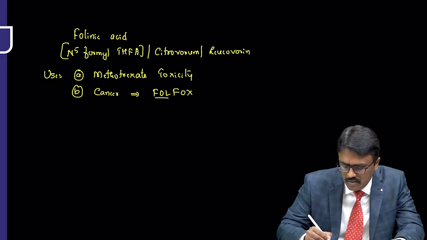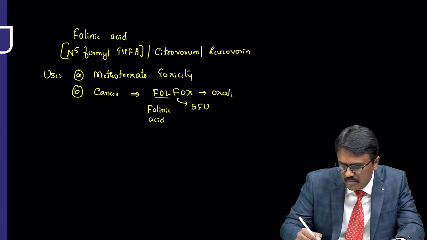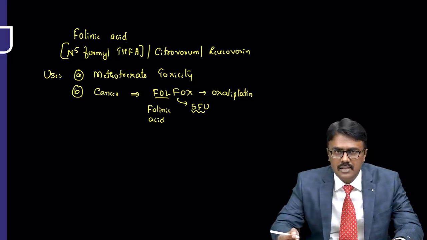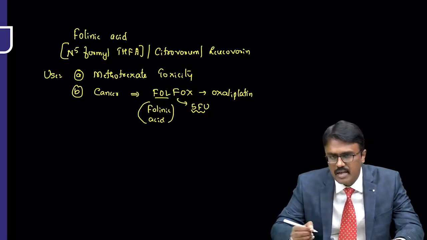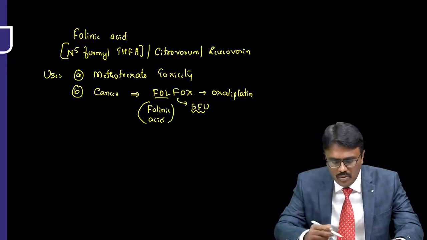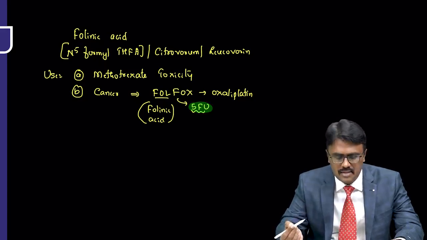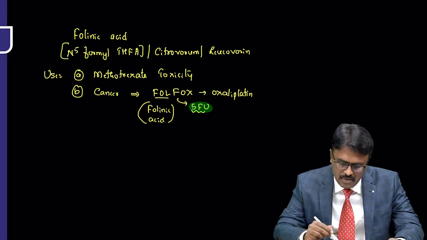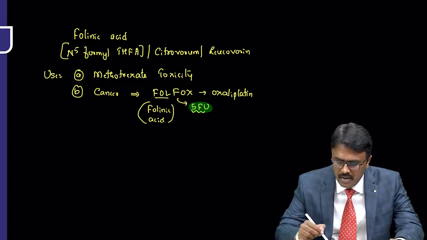FOLFOX consists of folinic acid, F for 5-fluorouracil, O for oxaliplatin. 5-fluorouracil acts by inhibiting thymidylate synthase, and that inhibition is enhanced by adding folinic acid. That's why folinic acid is used to increase the activity of 5-fluorouracil. So the basic use is in methotrexate toxicity as well as in the management of cancer, particularly the FOLFOX regimen.